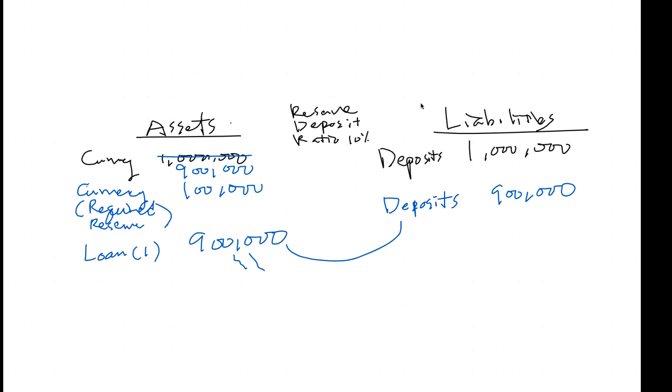One more round of lending. So as you see, this is back to 1 million, right? Back to reserve plus 900,000. So more lending. This time, how much do they have to keep as required reserve?